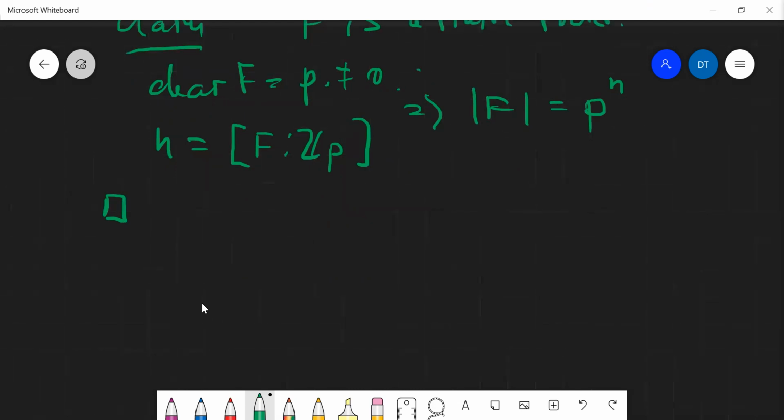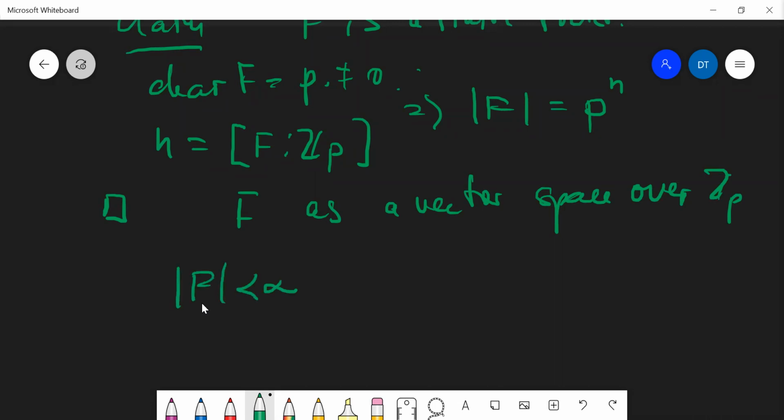We may consider F as a vector space over Z_p. Since there are finitely many elements in F, each basis is finite.